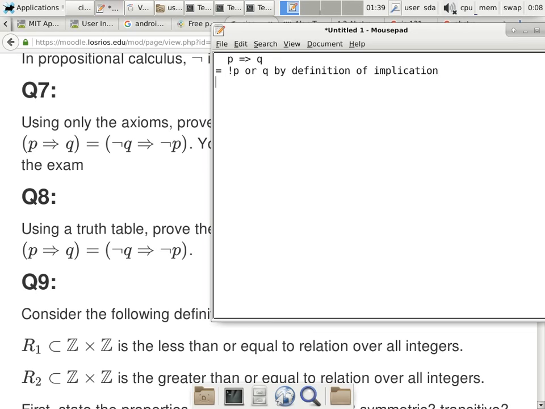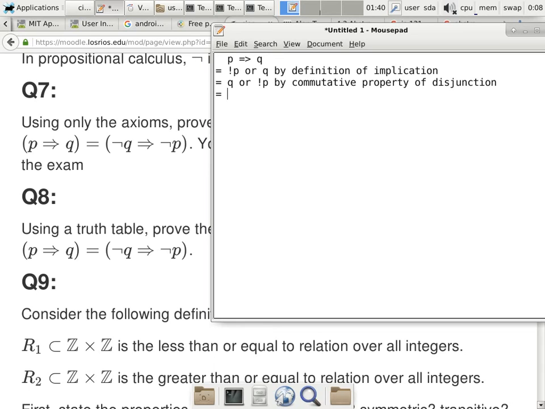All right, so once you have that, you can apply double negation. Actually, you don't. You just change the position here. So it becomes Q or not P. Okay, and this is by commutative property of disjunction. There we go.